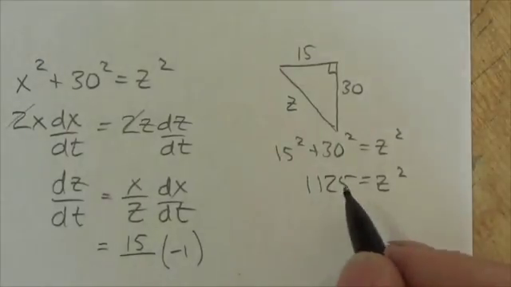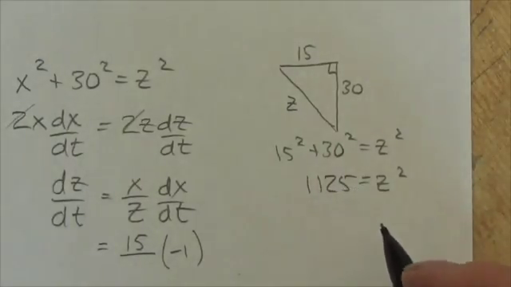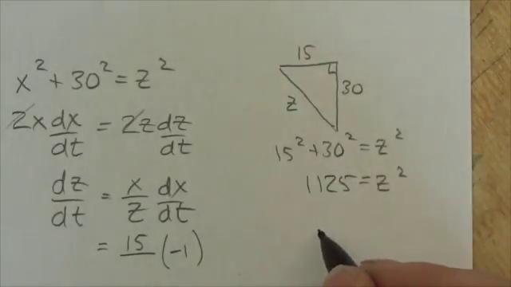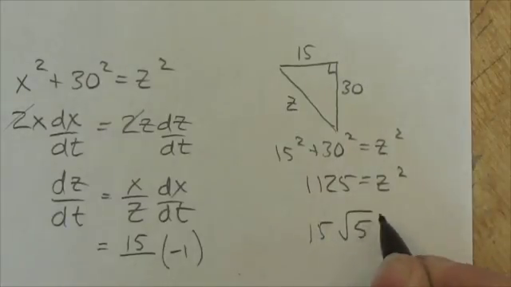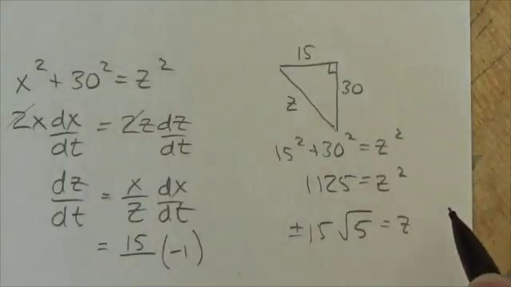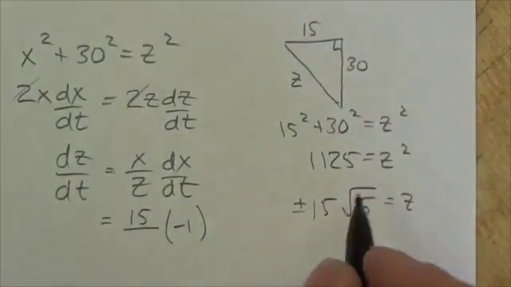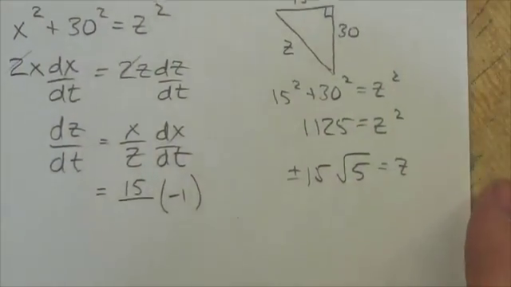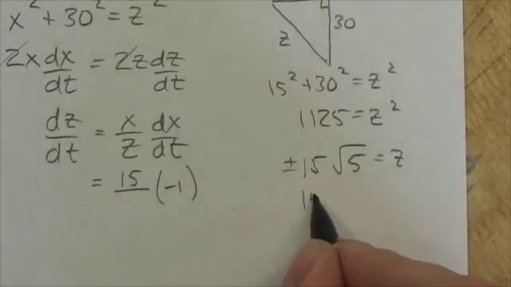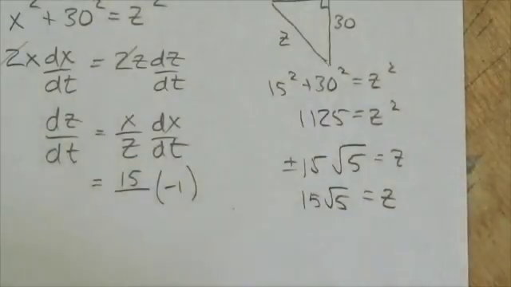I'm looking at how to simplify this. Oddly enough, I can take out a 15 and that'll leave me with a 5 there. Now I'm just going to double check that because I'm a little nervous that I screwed that up. No, that's what I want here. So I can take out a 15 out of that radical. So I'm left with plus or minus 15 root 5. And again, I'm only interested in the positive here, so 15 root 5 is equal to z.